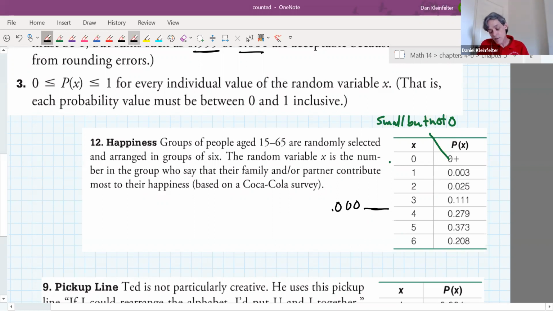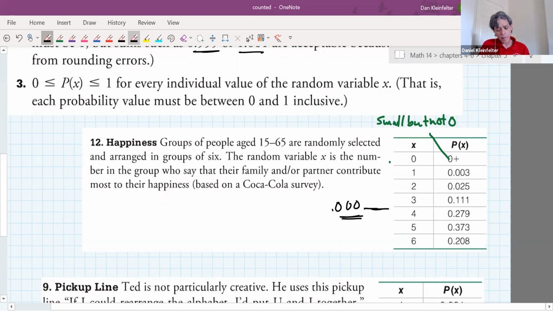So what they do is they put 0 with a plus sign here to say, okay, it's not 0, but it's so small that if we rounded it like everything else in the table, we would get a value that looks like 0. So that's what the little plus sign means: it's a number that is so small that it looks like 0 when you round to this extent, but it isn't actually probability 0. Okay, then the second thing is we want to make sure we understand what's going on in the table.